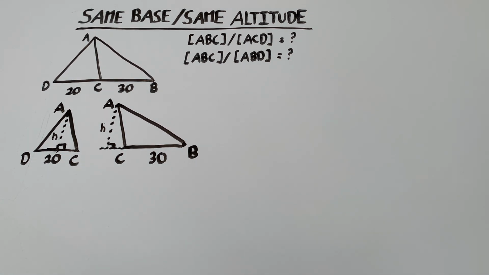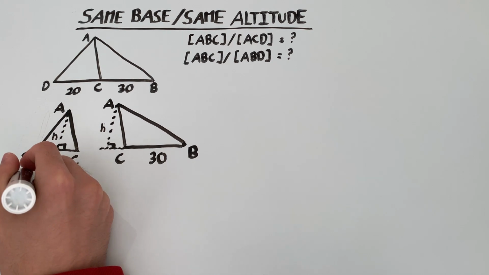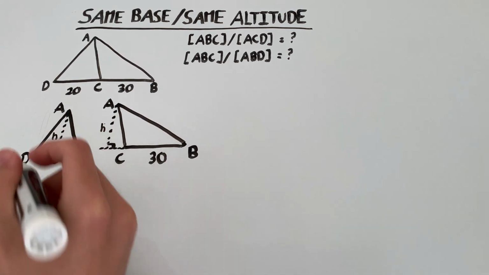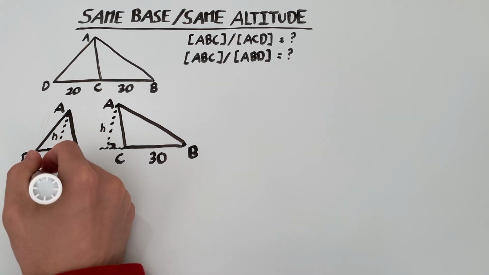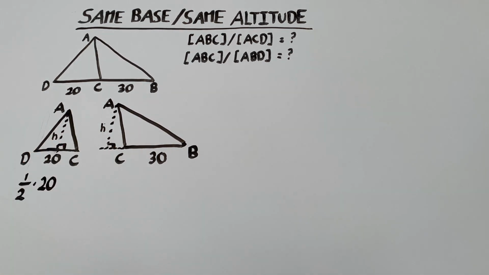So let's start with triangle ACD. The area of triangle ACD is going to be a half times the base, which is 20, times the height, which we've called h.